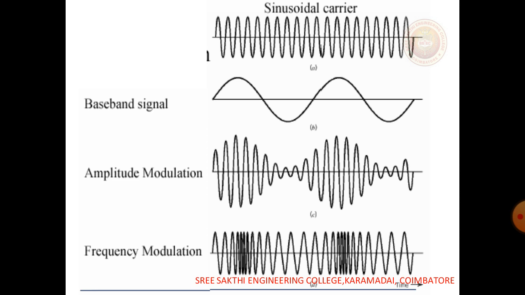The second is frequency modulation. Here the amplitude is kept constant, whereas the frequency of the carrier is adjusted depending on the amplitude of the message signal. You can visualize here that in amplitude modulation the frequency is constant but the amplitude is changing. In frequency modulation the amplitude is constant whereas the frequency is changing.